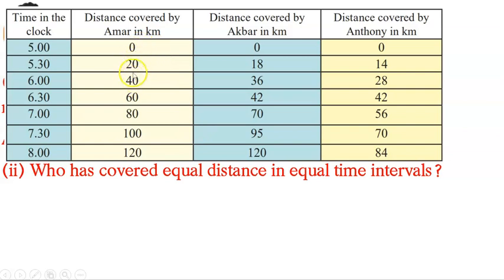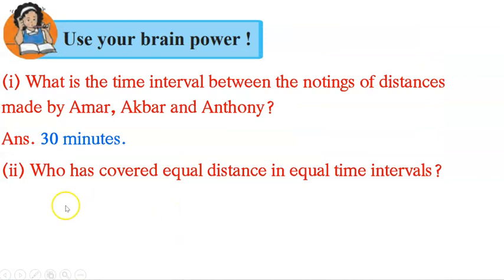And what about Amar? यामध्ये प्रत्येकमध्ये 20-20 चा आपल्याला इथे डिफरन्स मिळतो. Therefore, who has covered equal distance in equal intervals of time? That is Amar and Anthony. Okay. Now the answer is Amar and Anthony. They covered equal distance in equal time intervals.